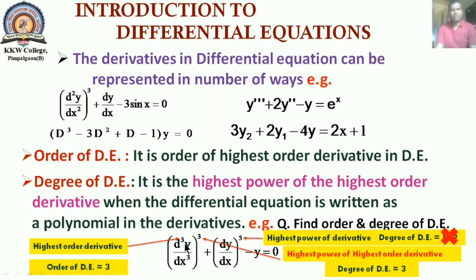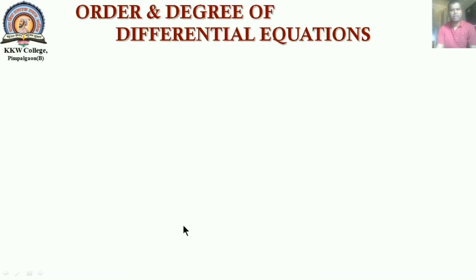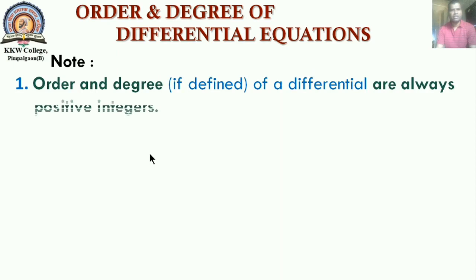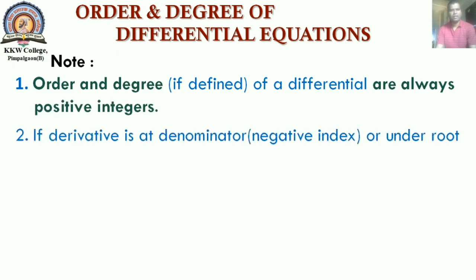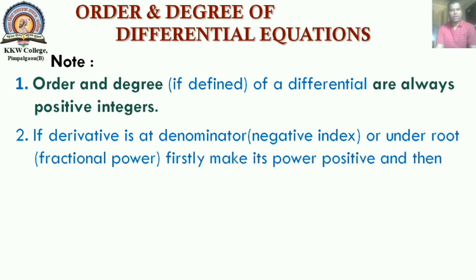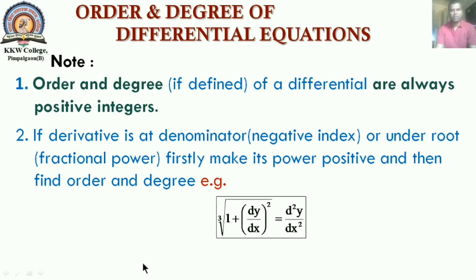Find the degree and order of the differential equation. We have to remember that the degree and order of the differential equation are positive. If the derivative is in the denominator, under a root, or in a fractional power, first simplify it, then find its order and degree. For example, the cube root of 1 + (dy/dx)² is equal to d²y/dx².